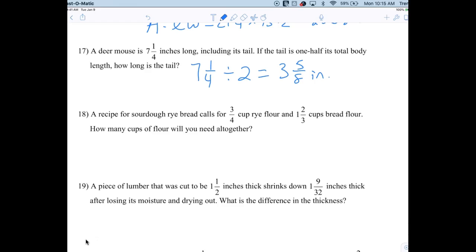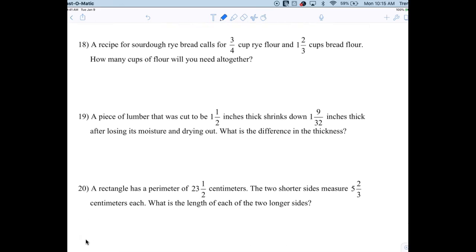All right. Caruso, you get to read 18. Loud and proud. A recipe for sourdough rye bread calls for 3/4 cup rye flour and 1 2/3 cups of bread flour. How many cups of flour would you need in all? So you would just add. That's right.